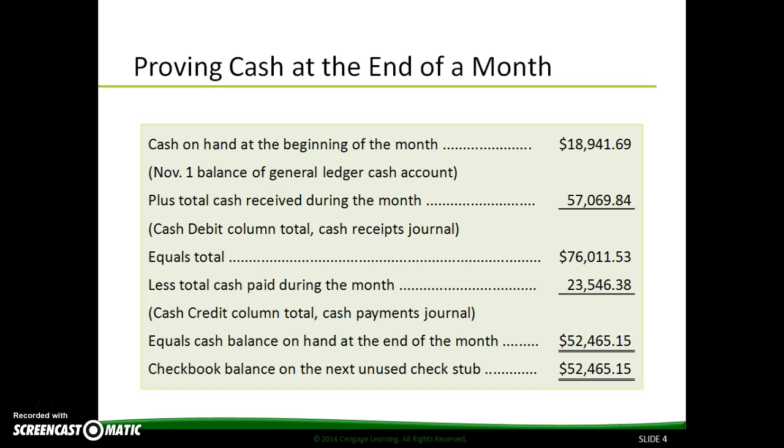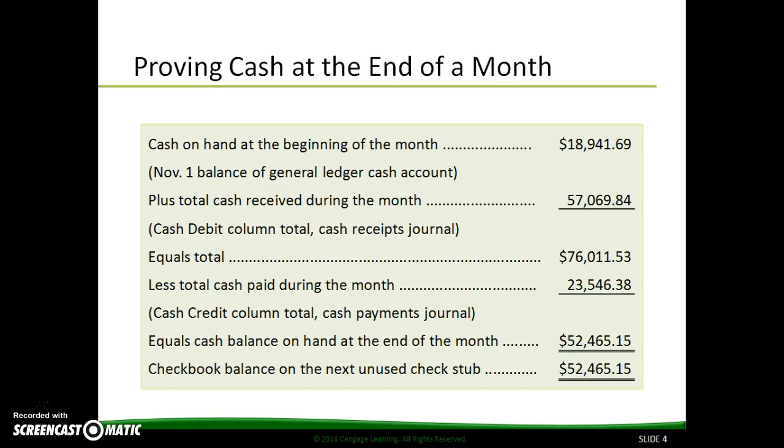When we prove cash at the end of the month, this is when we take all of our cash activity information and update it and then reflect that we have the same amount of cash in our bank that we say we have, or the same amount of cash in our checkbook balance on our register.